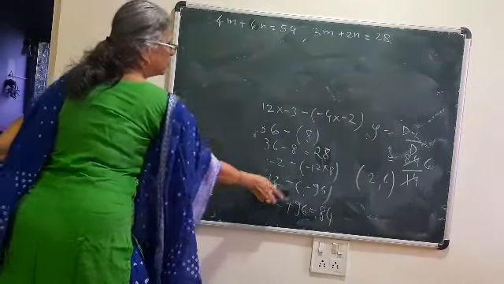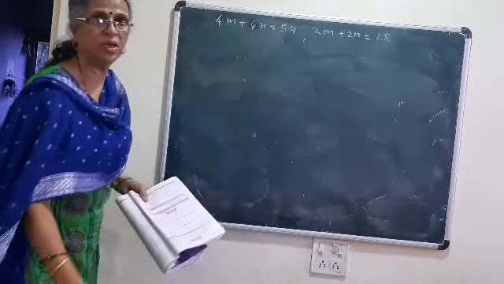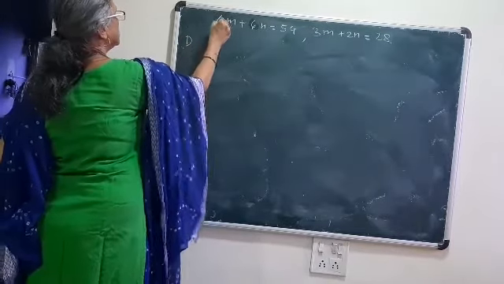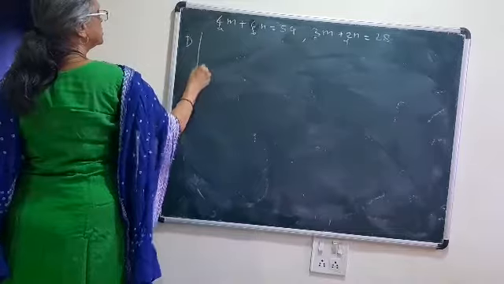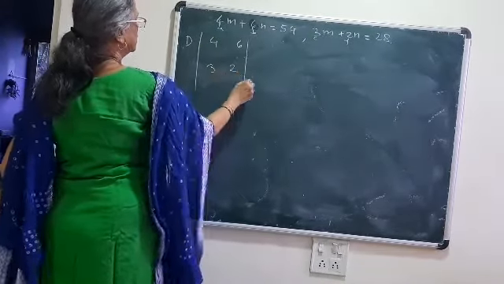So again it is given in the standard form, not necessary to make any change. Directly we can find out D by considering A, B, C and D. So 4, 6, 3, 2.